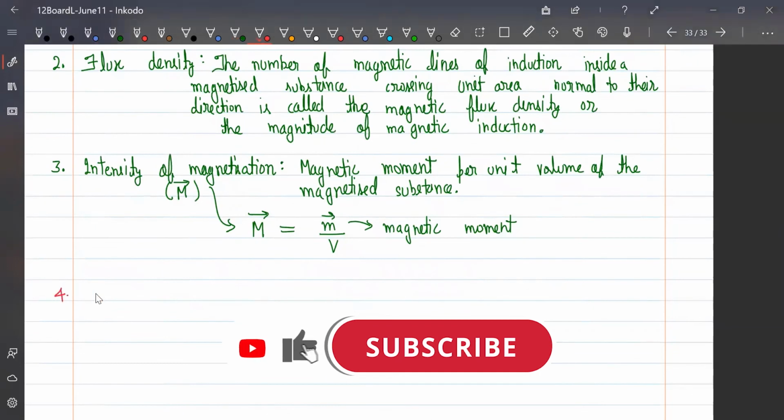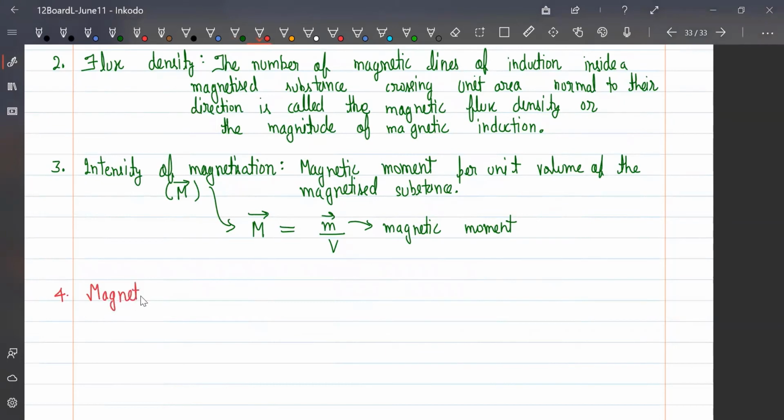The next term is magnetic intensity. And this is also called magnetic field strength.